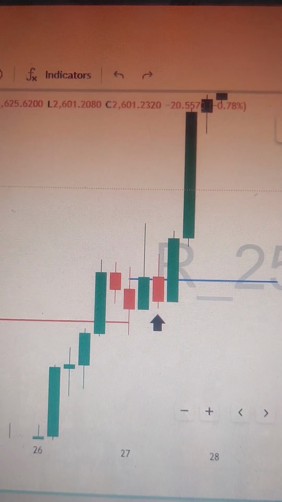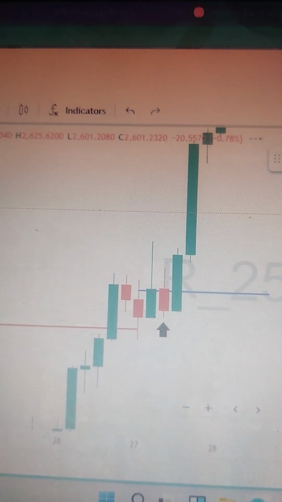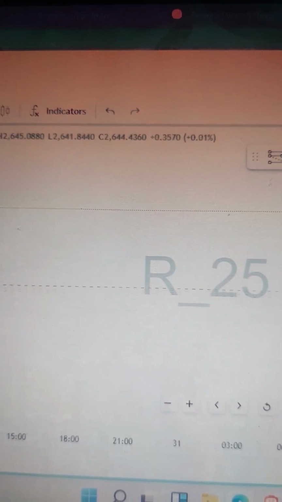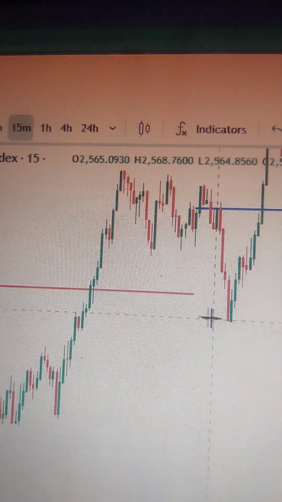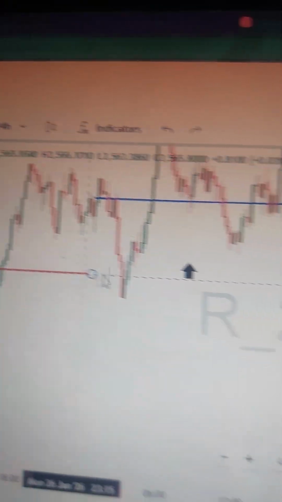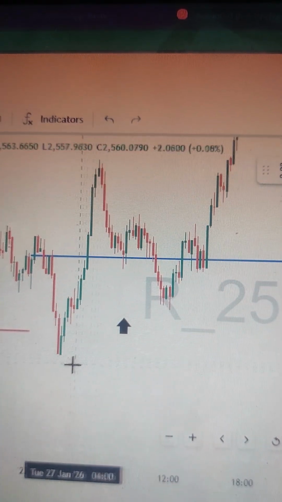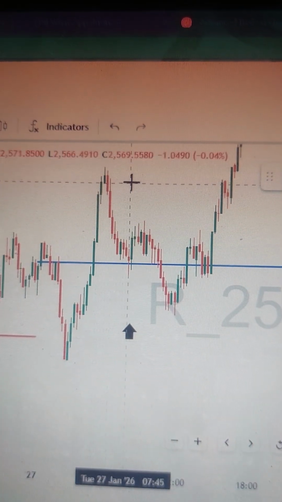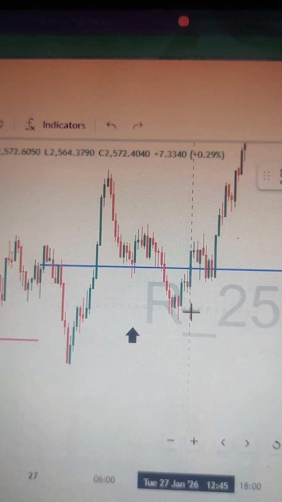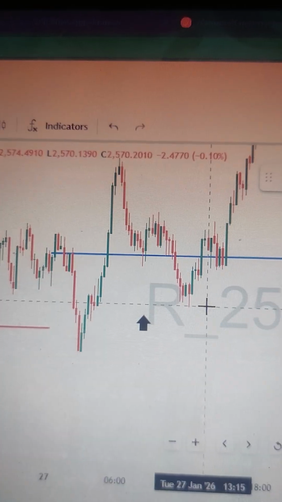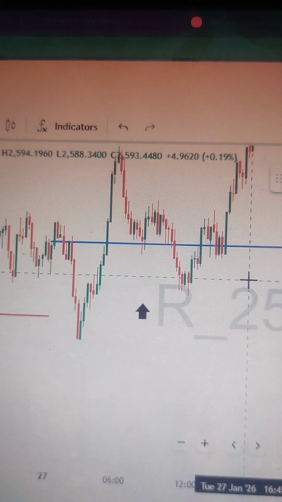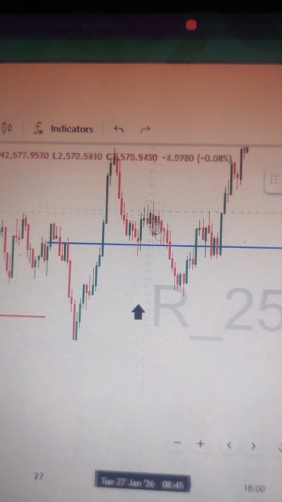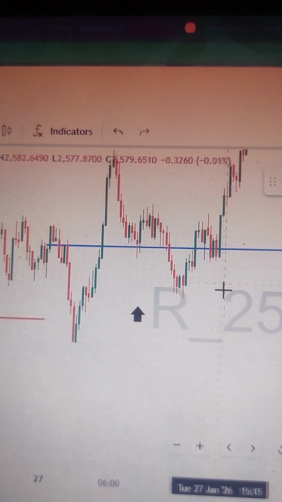So in the lower time frame, I'll go to the 15-minute time frame. Just scrolling all the way back, you can see that this was our support become resistance level, and this is our bullish engulfing pattern and a retracement to this level here, which is the midpoint, and immediately after that we have a bullish engulfing pattern.